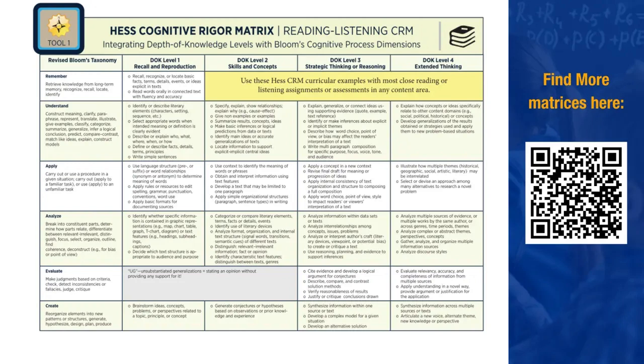For the one I'm looking at right now that supports reading and listening at the evaluate Bloom's level, but DOK level 3, some tasks might be citing evidence to develop a logical argument for conjectures. That makes me think about how, in my classroom, I might set up a task where students have to do research, cite that evidence, and then develop the logical argument to support a claim of some sort.